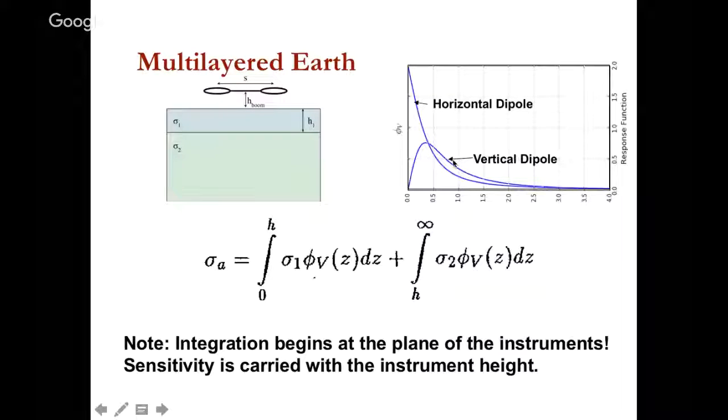So this concept of a sensitivity function, where you get a number out that's the integral of the sensitivity with whatever conductivity you've got, is really essential for getting a handle on what's there. And the thing to remember is that the sensitivity function always stays with the instrument.